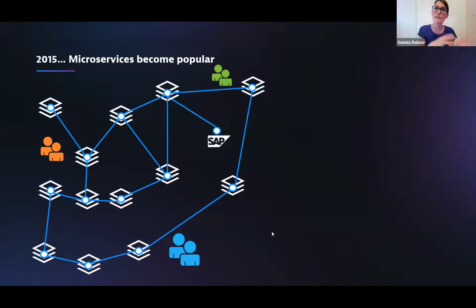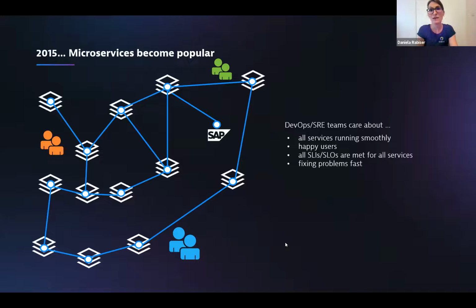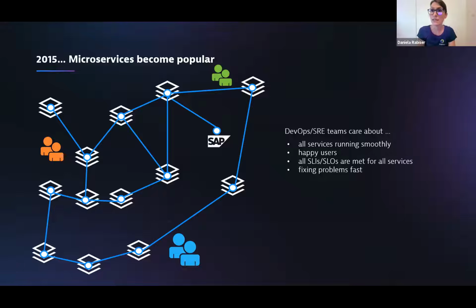So while the services are now small and simple, the operational complexity has been shifted and explodes now, as hundreds of interconnected microservices are working together to fulfill a task. And this is then the world of DevOps and SRE teams who are responsible that services run smoothly.